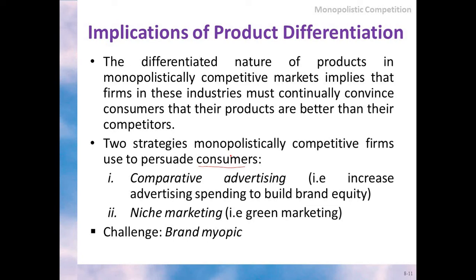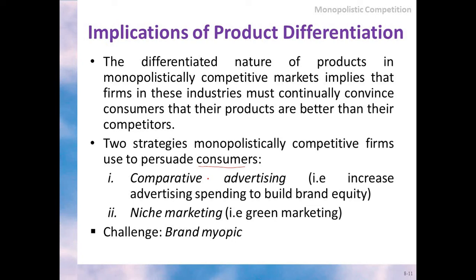So in terms of promotion, sometimes you can use what we call comparative advertising, which is an advertisement in which you compare your product with the competitors. But to be exact, comparative advertising is not actually legal in all countries, because in the US, for example, they can directly or explicitly mention who the competitor is.